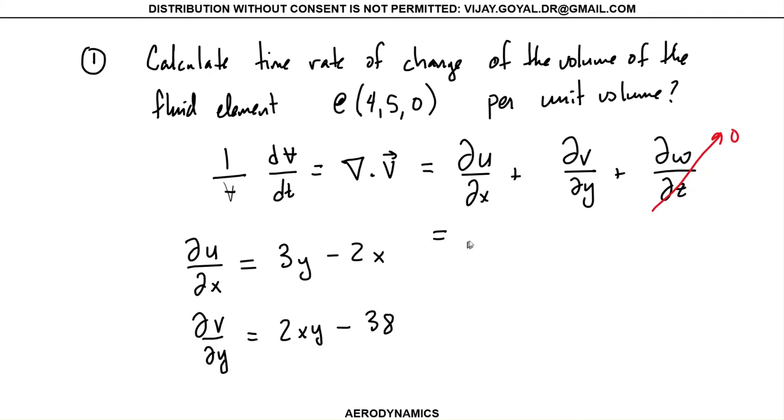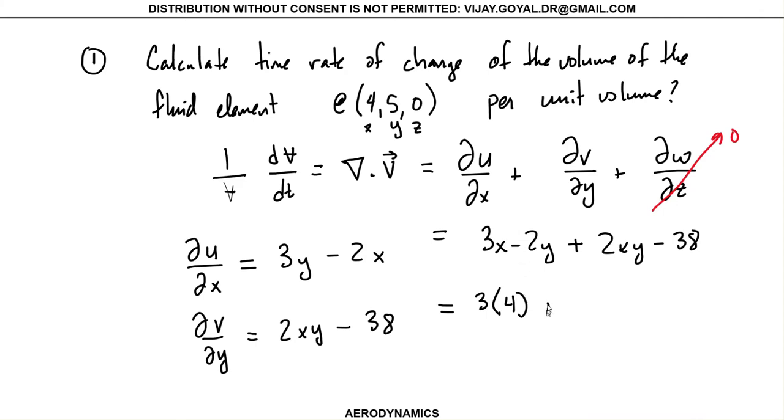So this will give me 3y minus 2x plus 2xy minus 38. So at this location, this is 3 times 5 minus 2 times 4 plus 2 times 4 times 5 minus 38. Remember, the first one is x, second term is y, this is z in the Cartesian coordinates.